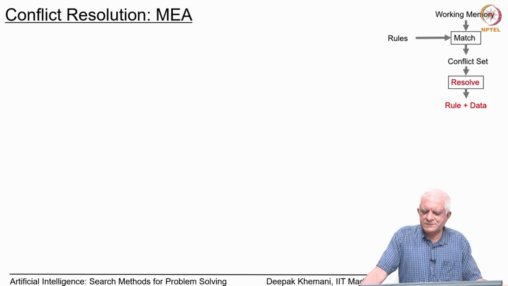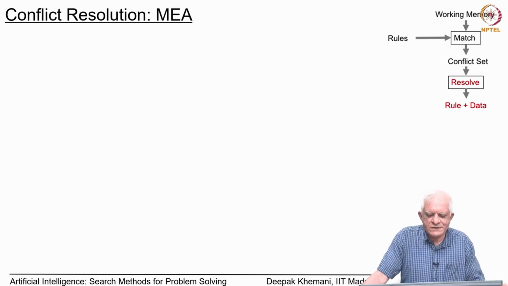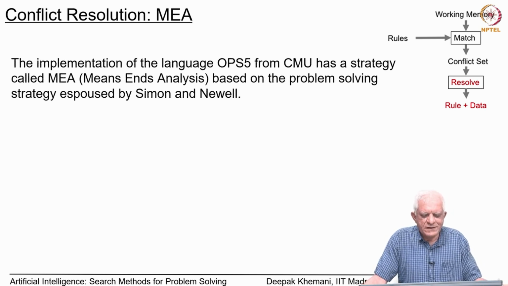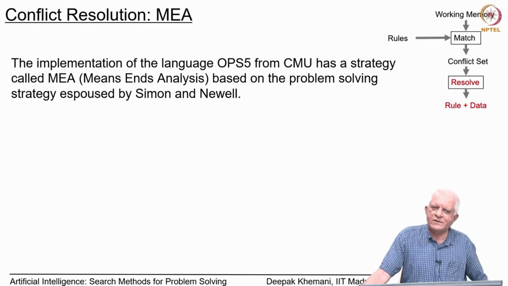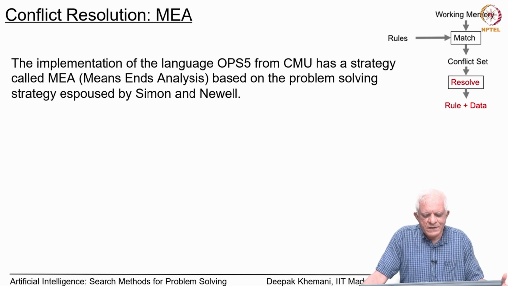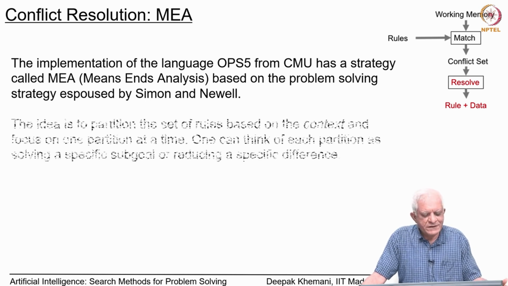So, our last strategy which has been used in OPS5, it is called MEA, which stands for means-ends analysis. You may remember this from the lectures we did on Simon and Newell's work. And OPS5 has a specific way of looking at this strategy, and it is as follows.